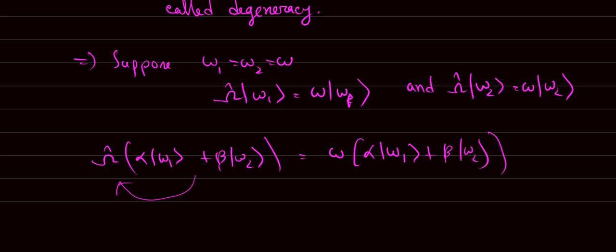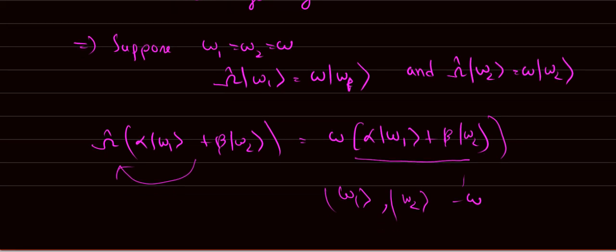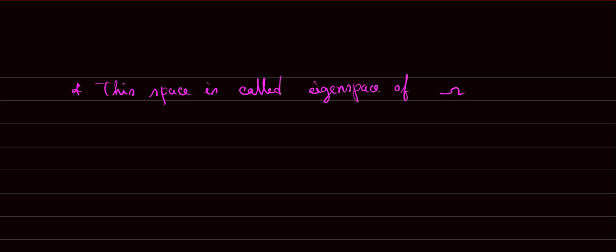So this whole space that is spanned by this omega 1 eigenvector and omega 2 eigenvector is also eigenvectors of our operator with eigenvalue omega. This space is called the eigenspace of our operator.